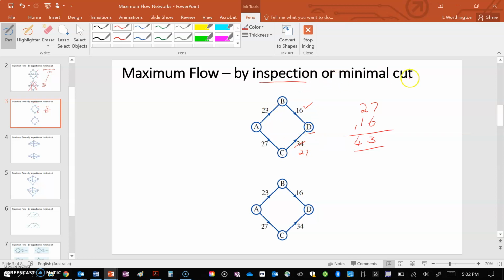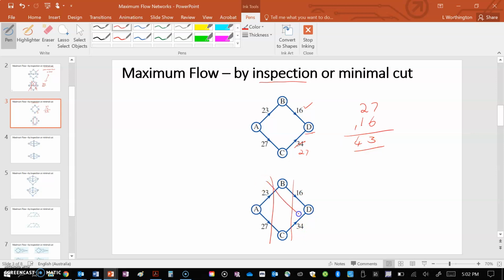Now if we do the minimal cut, again you want to cut it in half, so we could cut it in half here and we would have 23 and 27. Well, I know that's bigger than that, so that's not the minimal cut. If I cut it in half here, I'm going to have 16 and 34 going in and out, and I know that 16 plus 34 is not the minimal cut.